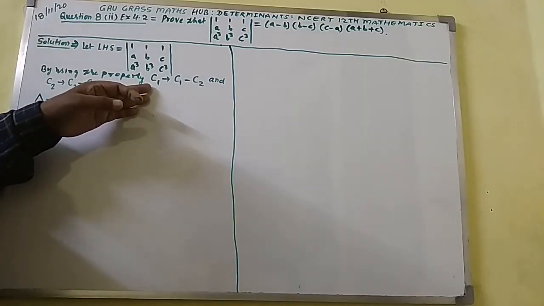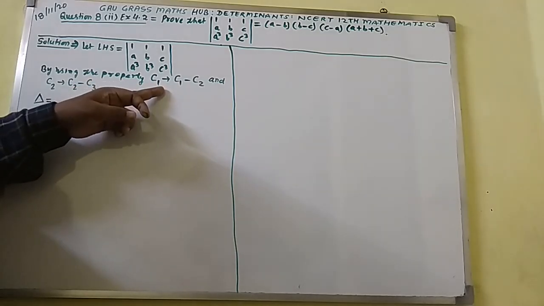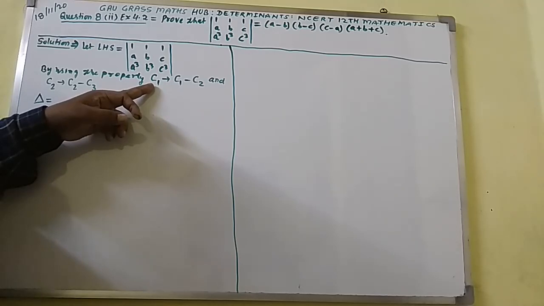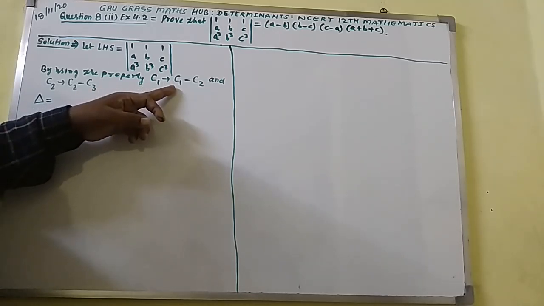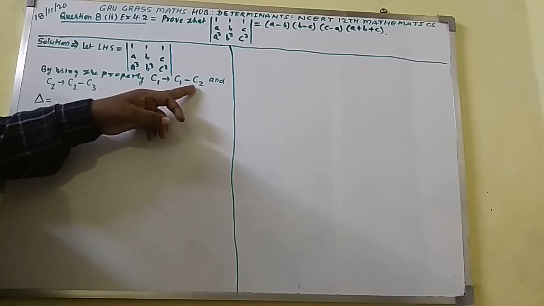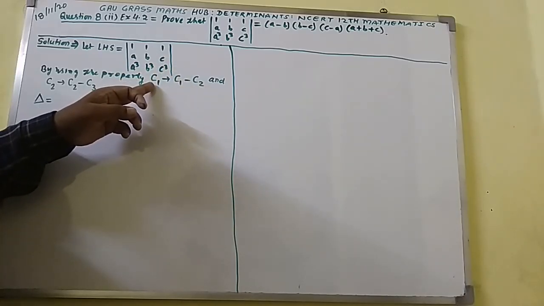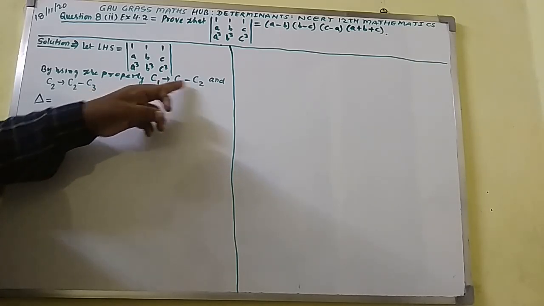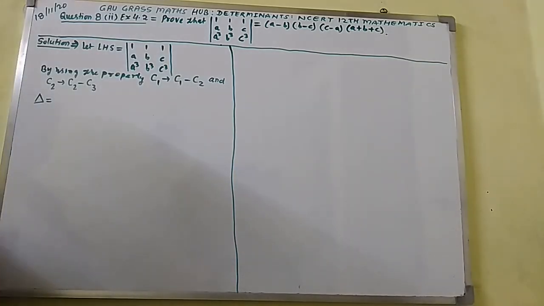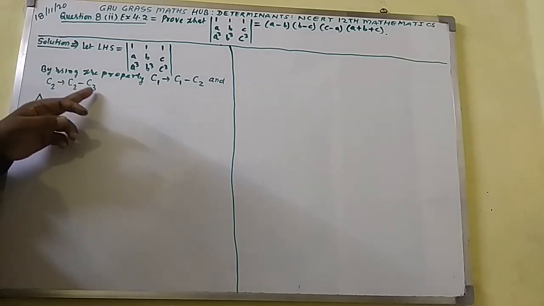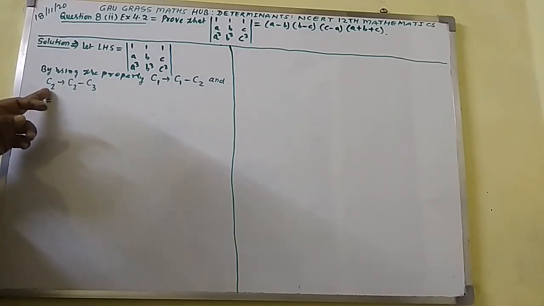here it says C1 goes to C1 minus C2. This means that changes will occur only in the first column. There will be no changes in the second column and third column on using this property. Here C2 goes to C2 minus C3. This means that changes will occur only in the second column.